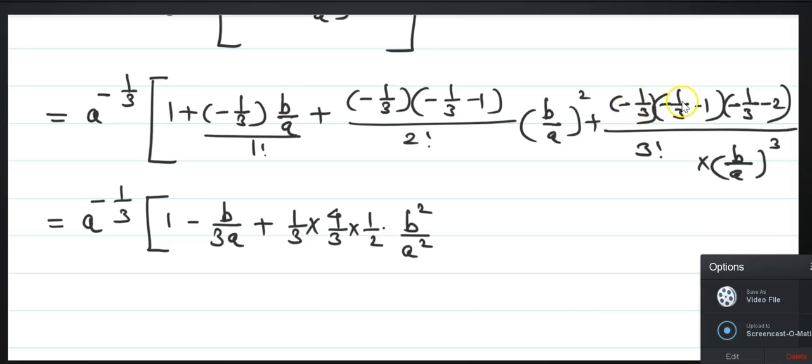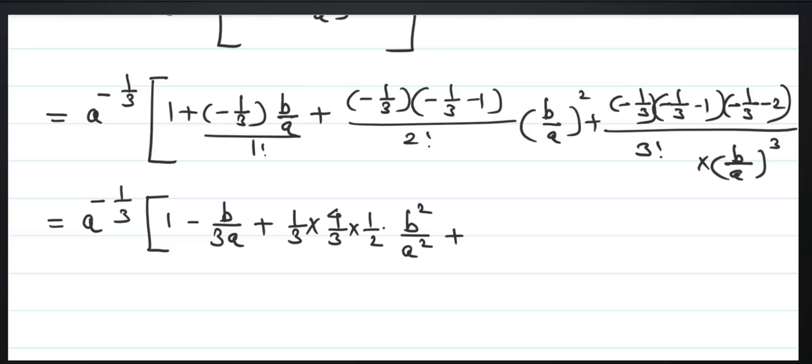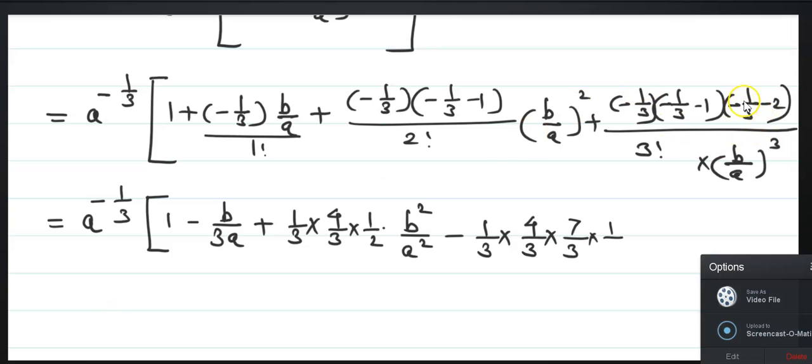Now next is minus, minus and minus, 3 times minus, and that's why overall you will get minus sign here. Minus 1 by 3, minus 4 by 3, minus 7 by 3. If we simplify here, minus 1 by 3, minus 4 by 3, minus 7 by 3, 1. That is divided by 3 factorial, means what? 1 upon 6 into B upon A bracket raised to 3.